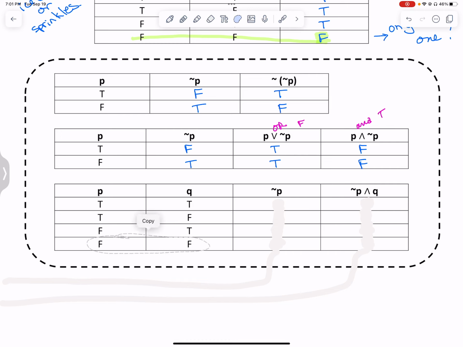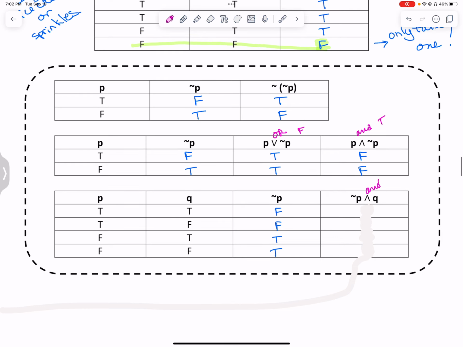That's all the possibilities. So now we're going to take these and negate them, right? All I'm going to do is change my two trues up here to false and my two false to true. So now I'm going to look at all the different ways that I could say not P and, remember this is an and, not P and Q.